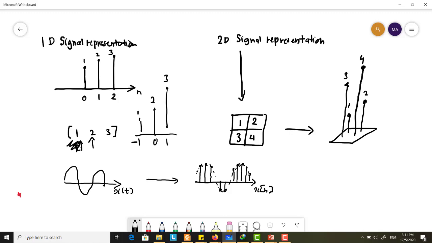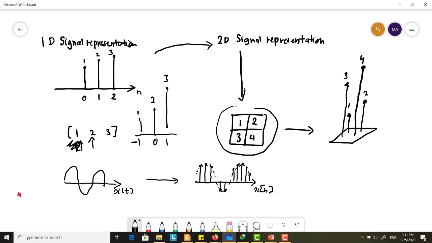And then from this one-dimensional digital signal, they have extended it into a two-dimensional digital signal, and the most practical example of a two-dimensional digital signal is an image, a digital image. However, most digital image textbooks always represent a two-dimensional signal or digital image in matrix form, as compared to impulse representation.